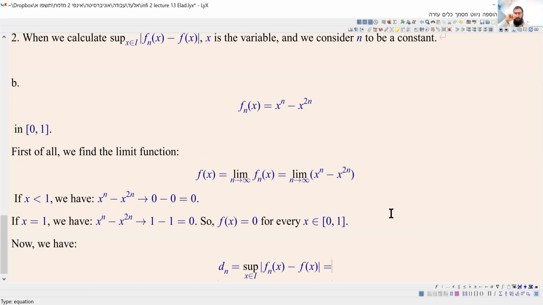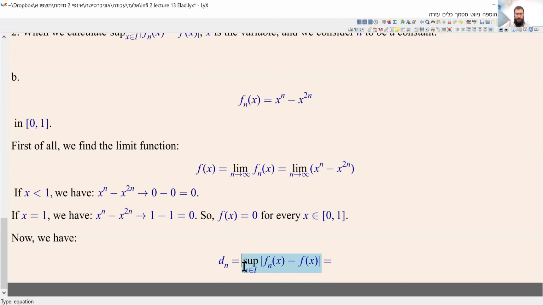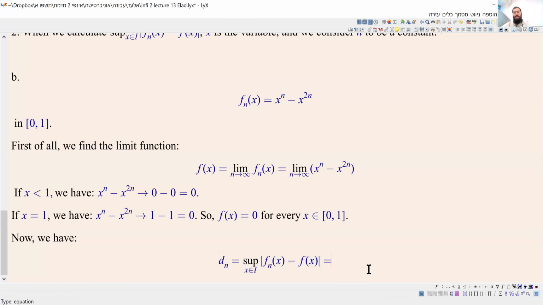fn(x) minus f(x). Here it is x^n minus x^2n minus 0. And here we can do two little things before we continue. First of all, minus 0, we don't have to write it down. Secondly, when we talk about x's between 0 and 1, x to the power of n is larger than x to the power of 2n.